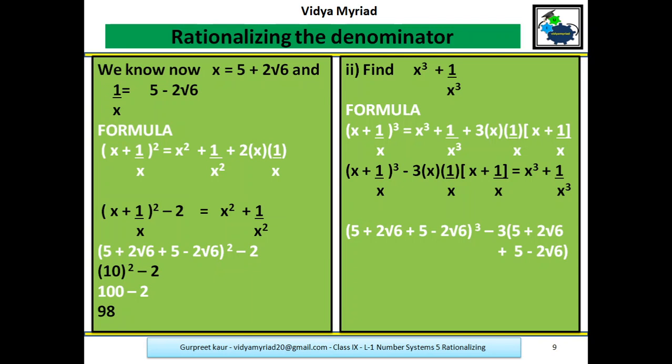Again write down 5 plus 2 root 6 plus 5 minus 2 root 6. When I solve this, 2 root 6 minus 2 root 6 gets cancelled. So 5 plus 5 is 10. 10 cube minus 3 into 10, so your answer comes to 970.